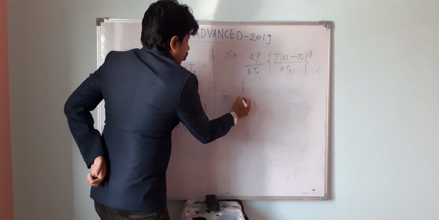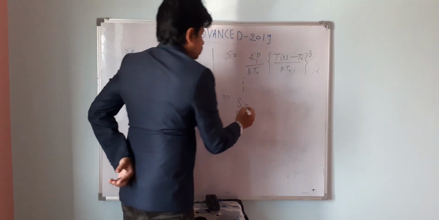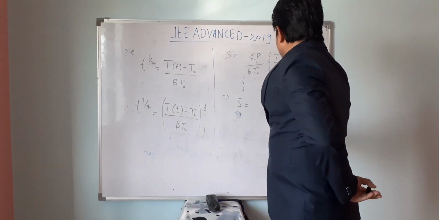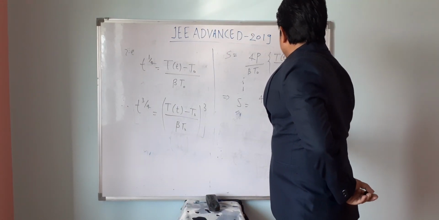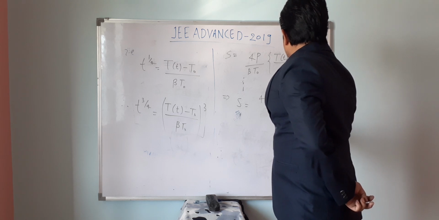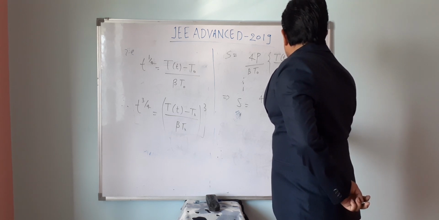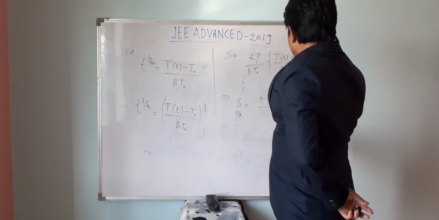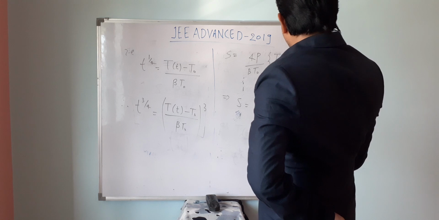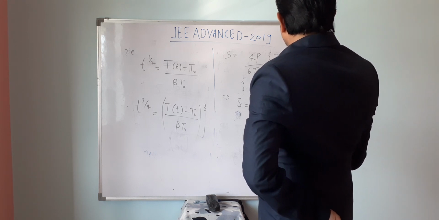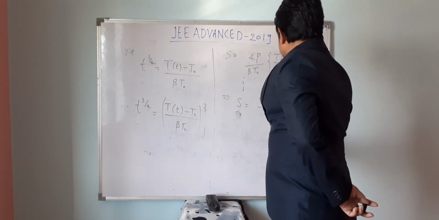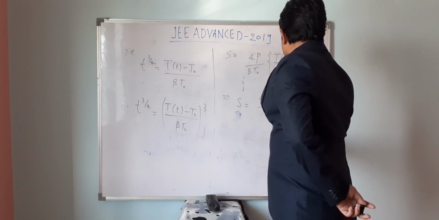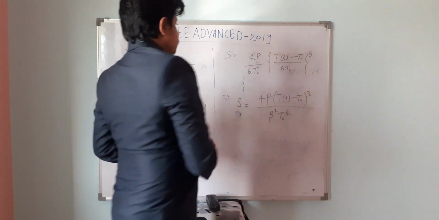So finally we got S as 4P into T minus T naught, its whole cube, upon beta to the power 4 T naught to the power 4. So this is the final answer.